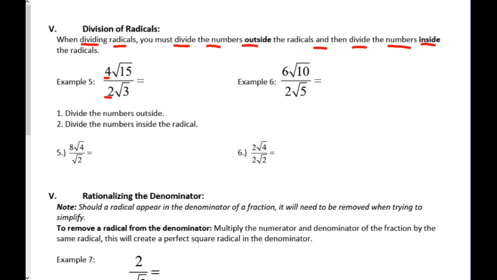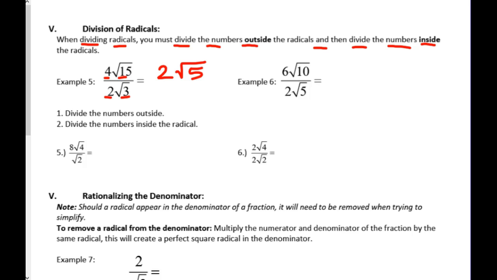What's 4 divided by 2? 2. Now your square roots. Square root of 15 divided by square root of 3. What's 15 divided by 3? 5. So it would be square root 5. The only thing you might have to do is reduce the radical, but 5 is prime, so there's nothing to reduce, right?